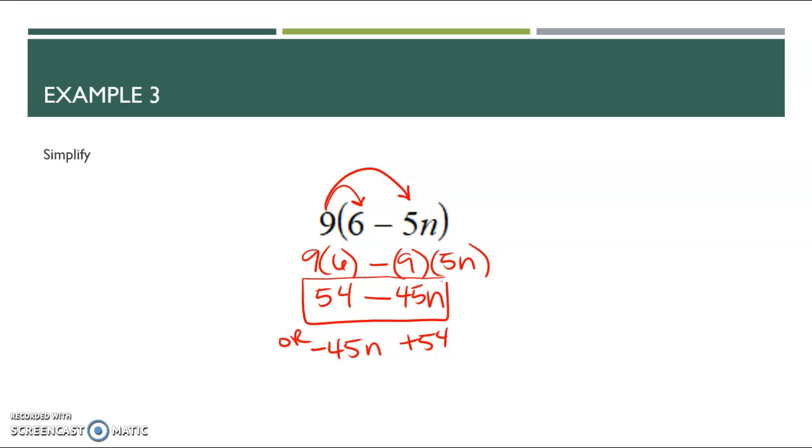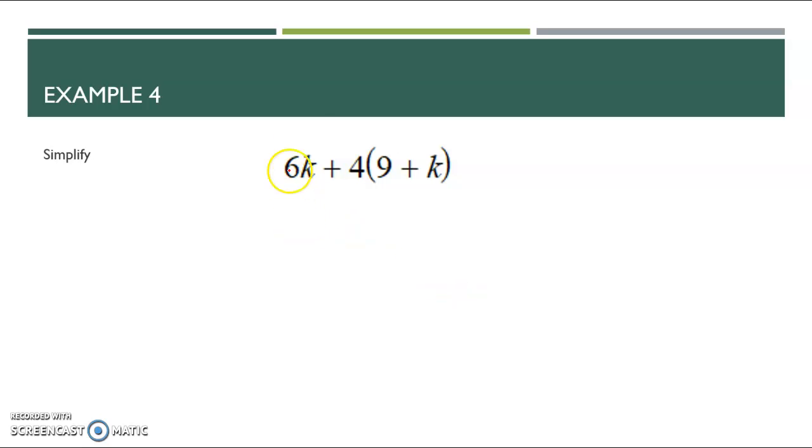After we distribute, then we check to see if we need to combine like terms. So here's our next one. The 6k is off to the side with a plus between. That just means I'm going to do 6k plus. And just because we're working with algebraic expressions does not mean we totally drop order of operations. Remember, we talked about how multiplication happens before any adding or subtracting.